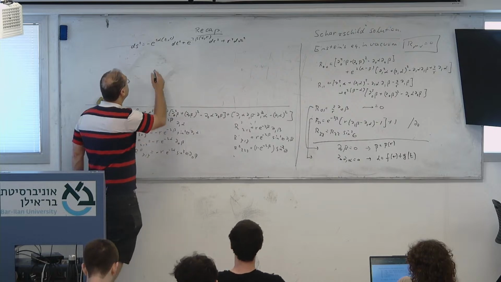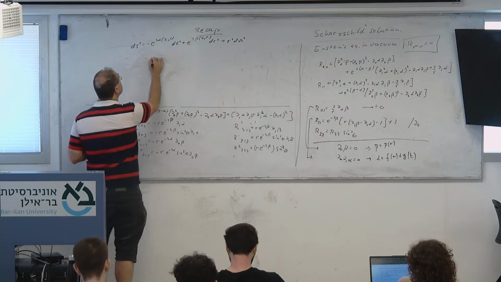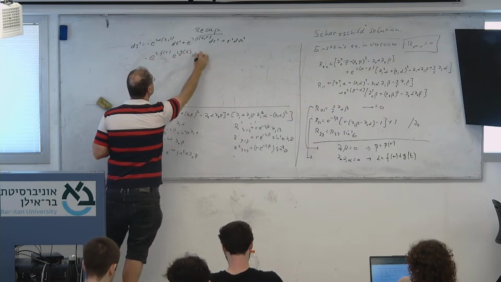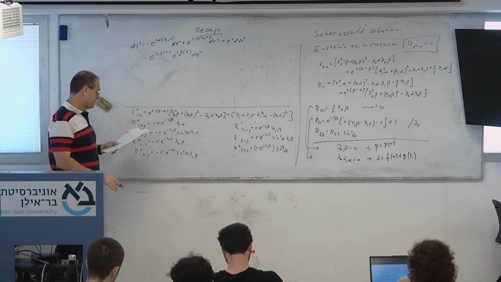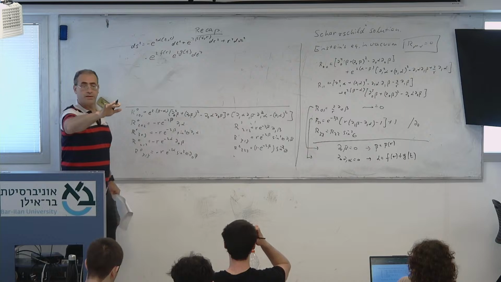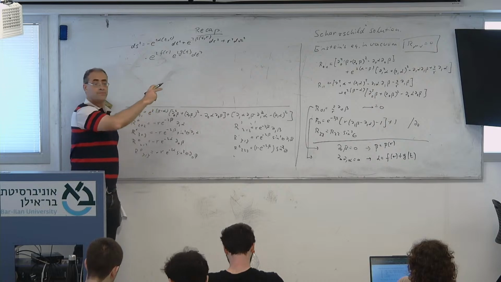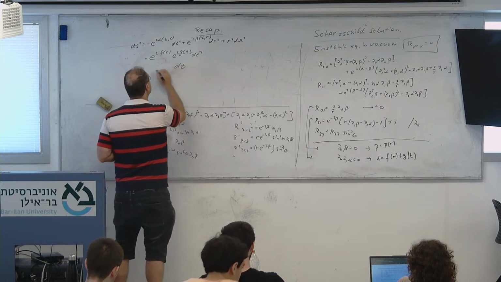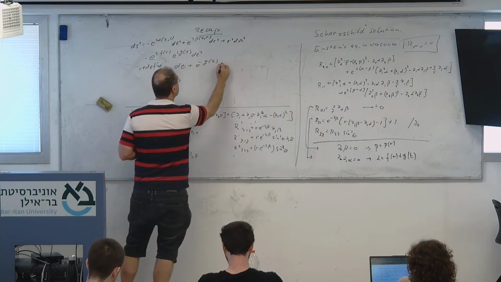So here we have e to the power 2 alpha. It's really minus e to the power 2 f of r, e to the power 2 g of t, dt squared. But t is just a time coordinate which is completely general right now, so we can simply redefine it by multiplying by e to the power g. So I can always redefine t: dt would be e to the minus g of t dt.